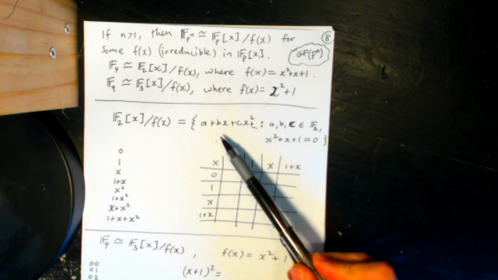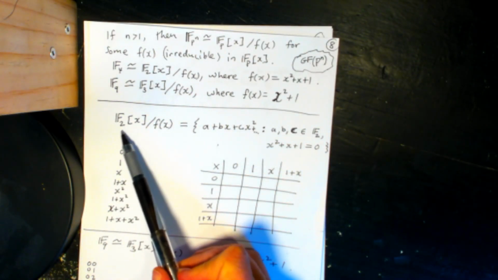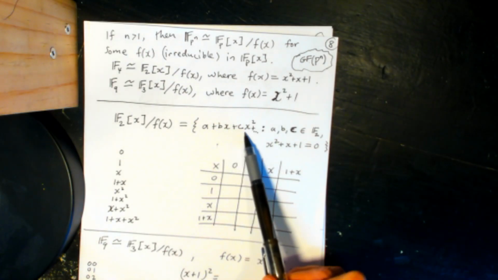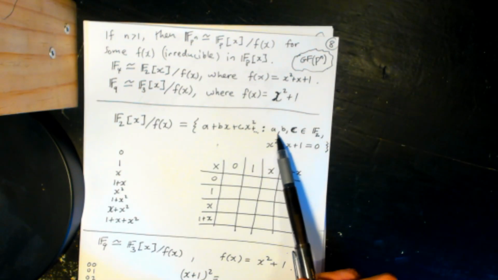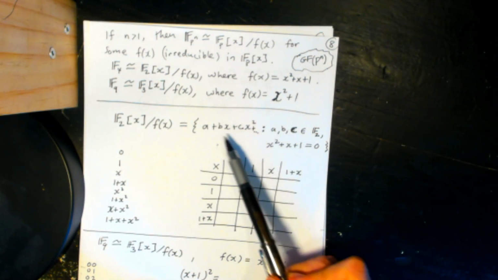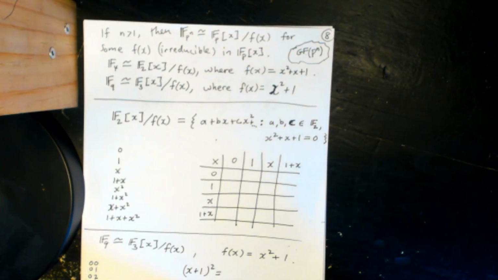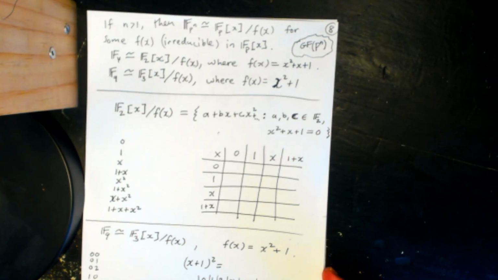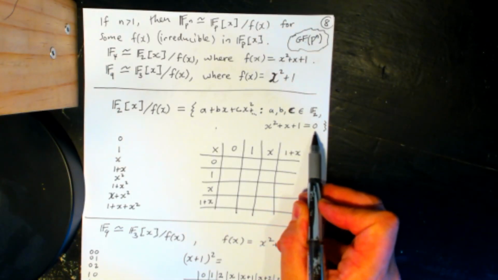Okay, so this consists of, so remember what these are here. These are polynomials a plus bx plus cx squared plus dx cubed and so on, where these coefficients of the powers of x belong to the finite field with 2 elements in it. Okay, and we note that we're treating x squared plus x plus 1 as if it's 0 here.